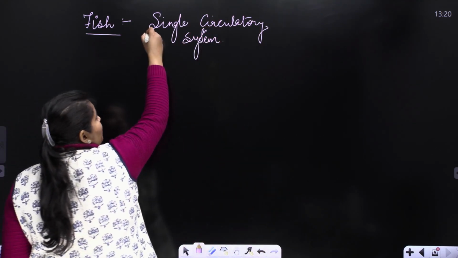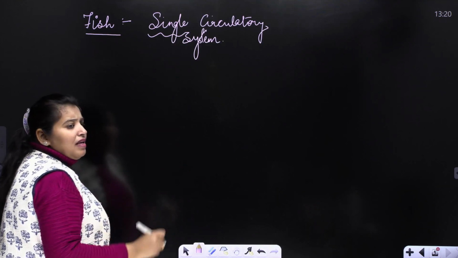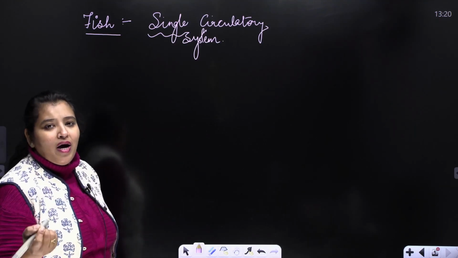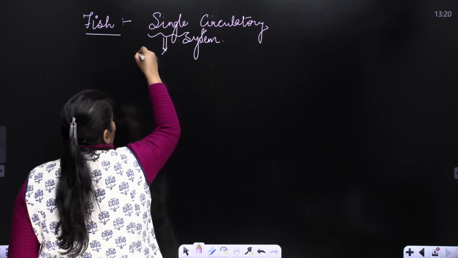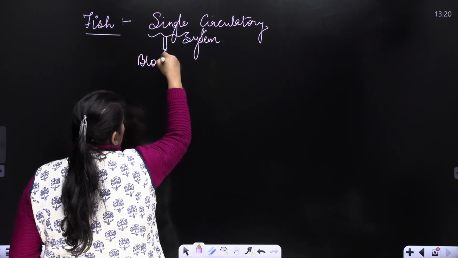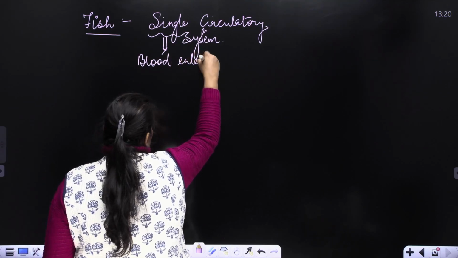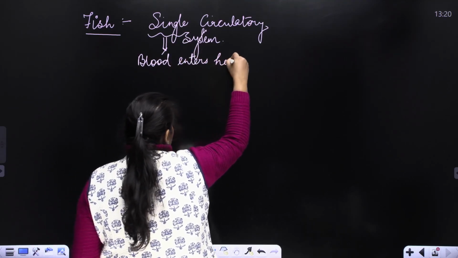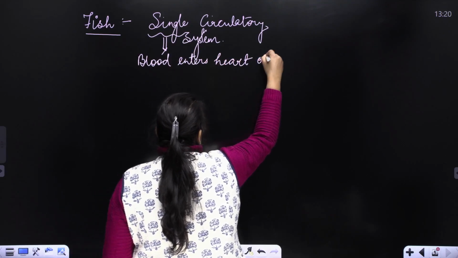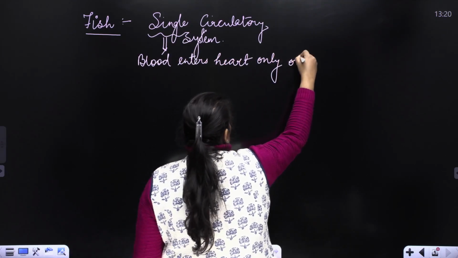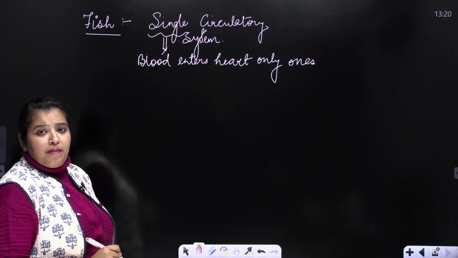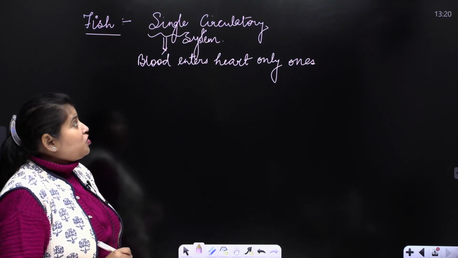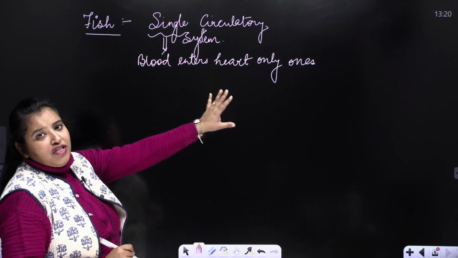The literal meaning of the word single is one. So, when the blood enters the heart only once during one cycle, it is called single circulation.